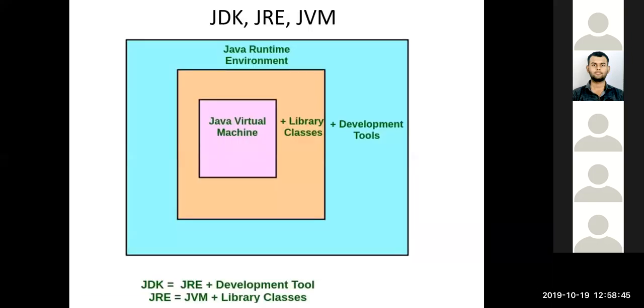Now we are talking about the JDK, JRE, and JVM. This is very, very important to understand because some people call JDK as JRE, JRE as JVM, and they don't even understand what basically JDK means, what basically JRE means.